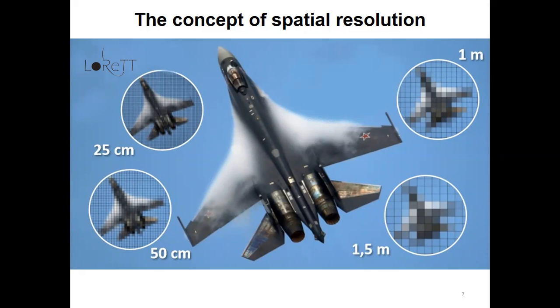For example, even at a coarse resolution, you could recognize that this is a plane, but cannot see any details. You cannot identify the type, for example, and at an even coarser resolution, you will not be able to understand whether it is a plane or what it is.